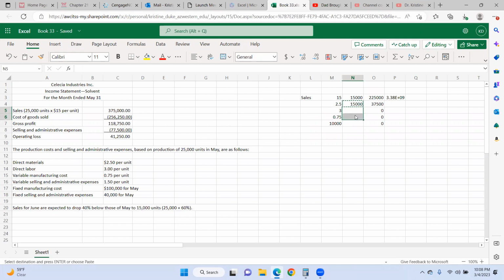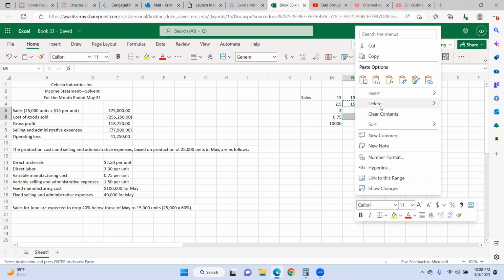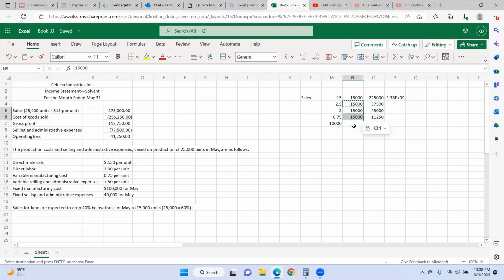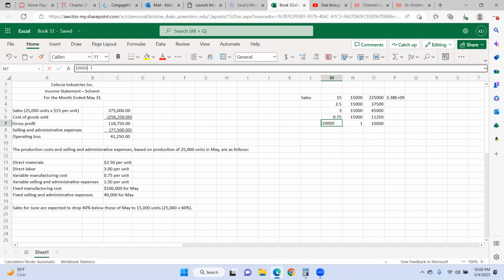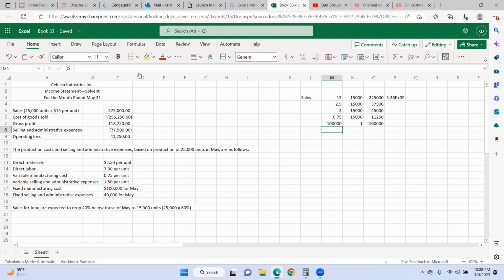I'm only going to paste it into those that are going to increase based on production. Fixed costs are going to stay the same no matter what. Is it 100,000? I'm missing a zero there. Okay, there we go. So my direct materials are going to be 37,500.